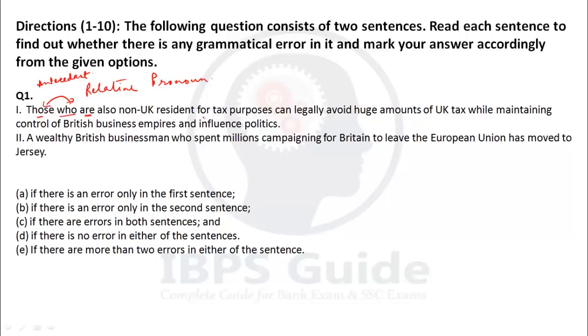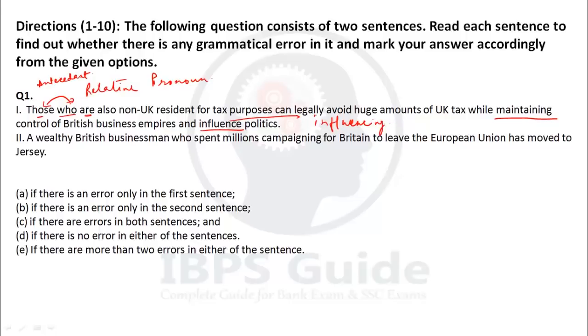Also non-UK residents for tax purposes can legally avoid huge amounts of UK tax while maintaining control of British business empires and influence politics. Just see the sentence, guys. Maintaining is a participle, so it will not be "influence", it will be "influencing". Why?